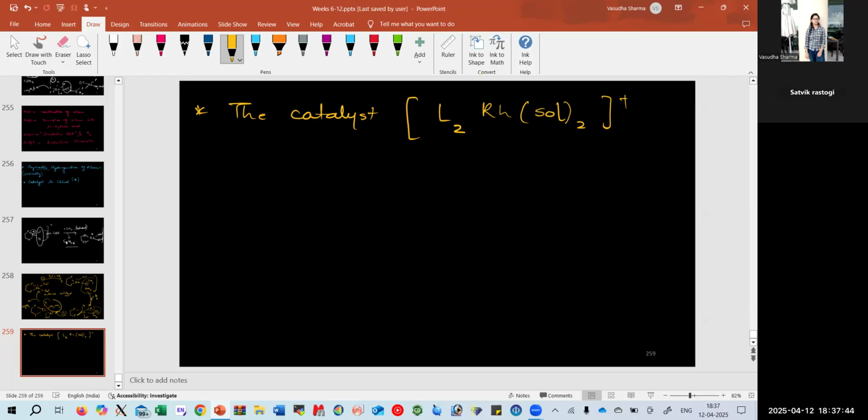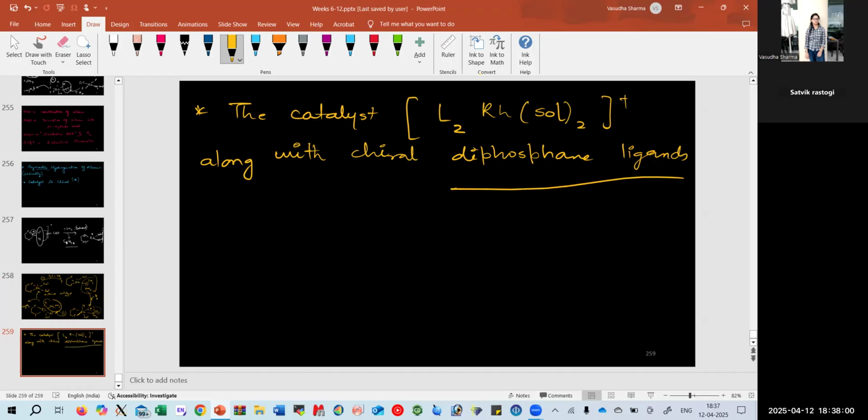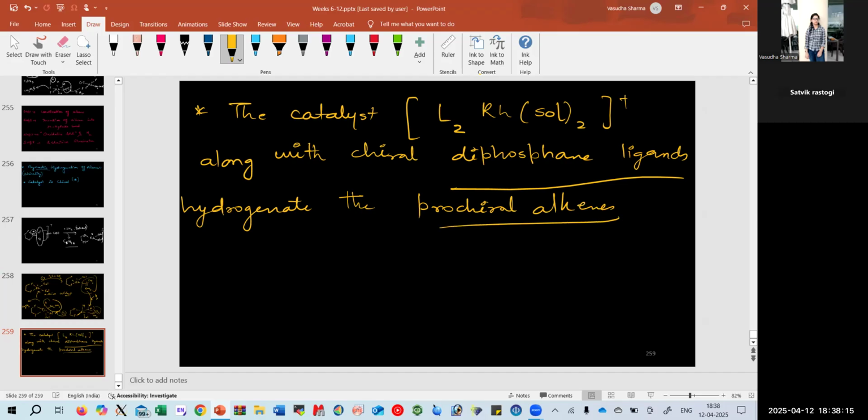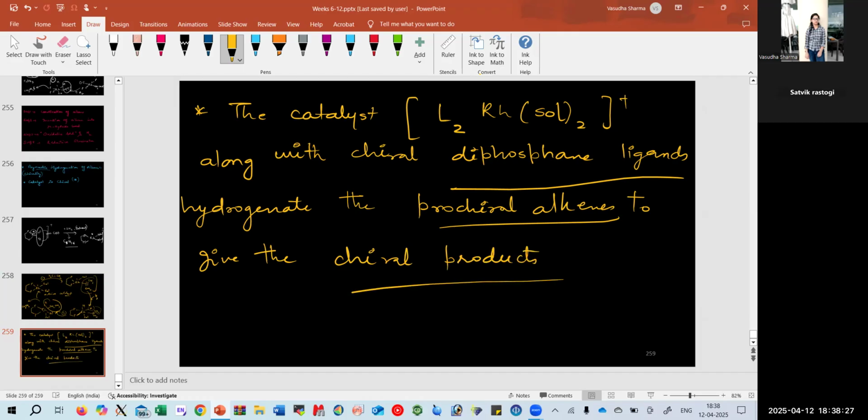So this catalyst, along with the chiral diphosphine ligands, which we were mentioning as P-P, hydrogenates the prochiral alkenes, which means alkenes which are not chiral but have a tendency to become chiral, to give chiral products in high enantioselectivity.